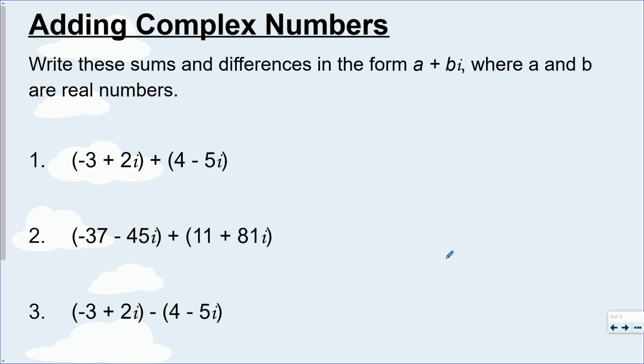And just make sure that we see that all we really have to do is combine like terms. So for the first one here, we're adding two complex numbers. Just add the real parts together, add the imaginary parts together. Remember that when you combine like terms, the variable doesn't change. Same thing happens with i.